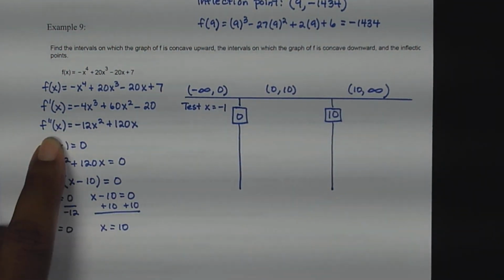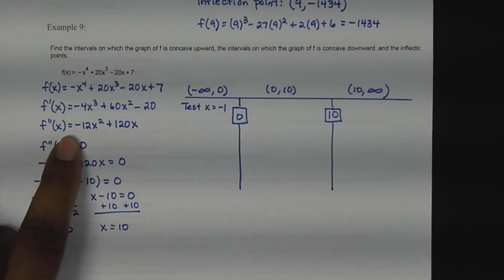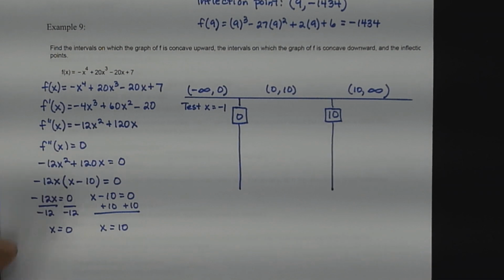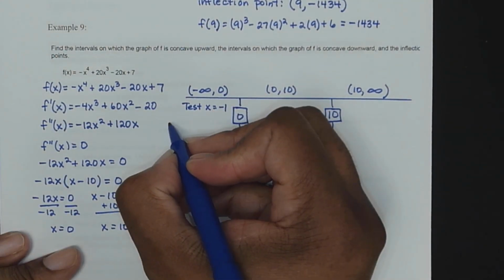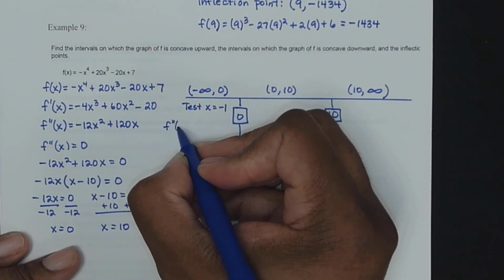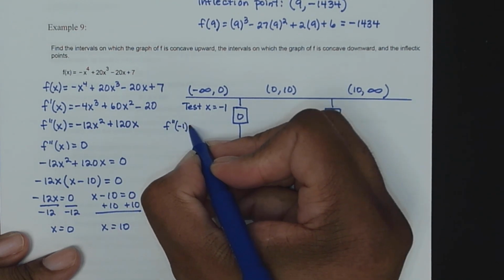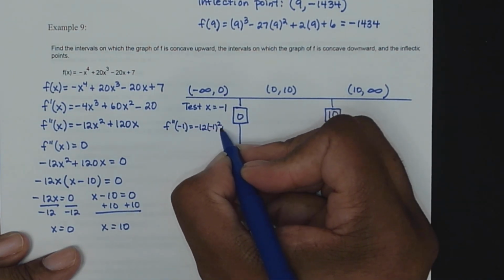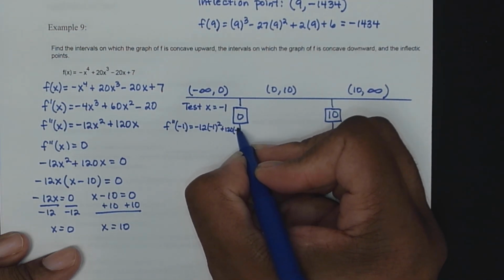Now, using the second derivative function, I'm going to replace each x with negative 1. So f double prime of negative 1 will be negative 12 times negative 1 squared plus 120 times negative 1.